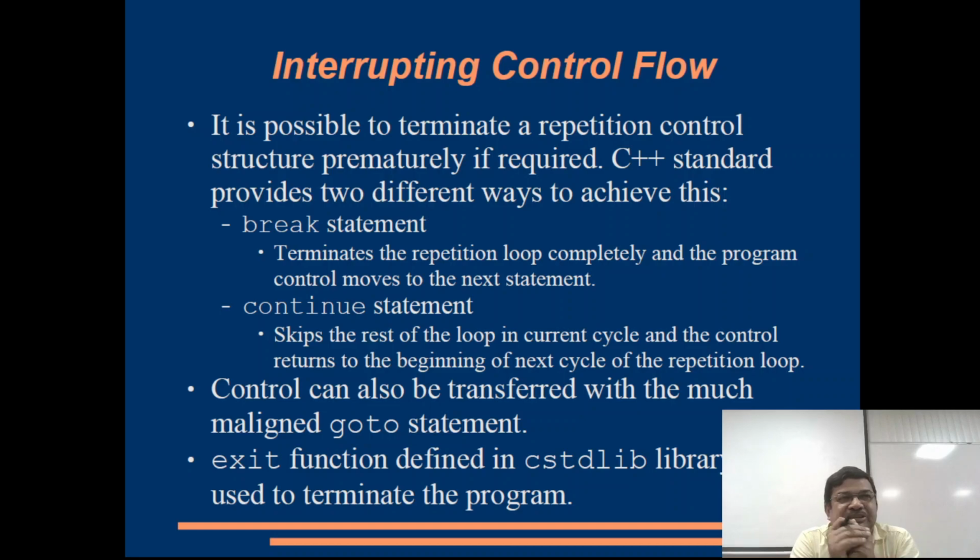One, we have already seen the break statement, which jumps out of whatever control structure it is in, an if structure or switch or even for or while or do while. It will immediately come out of it and go to the next line of the code after that structure. Whatever statement follows that structure, control will be passed on to that.